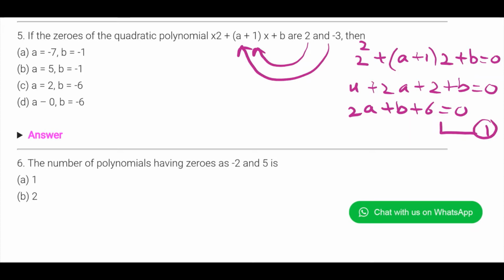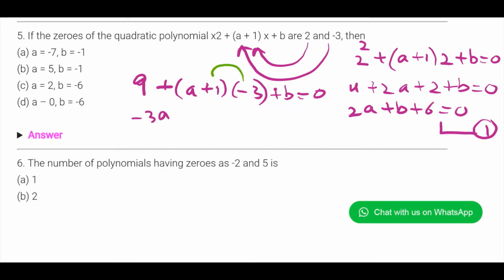And if we substitute minus 3, it gives the equation 9 plus a plus 1 into minus 3 plus b equals 0, which gives you minus 3a minus 3 plus 9, that is plus 6, plus b equals 0. We can equate b equals minus 6 plus 3a.